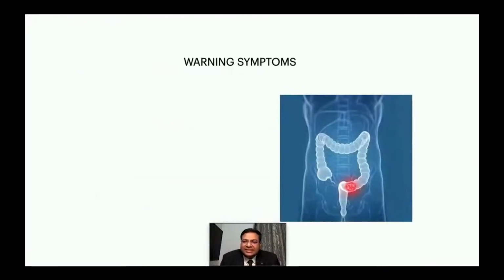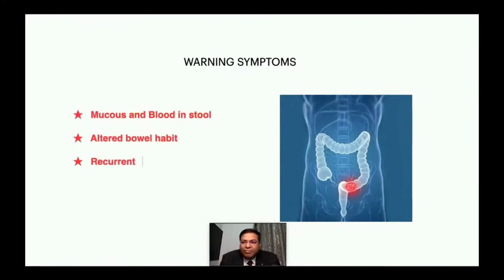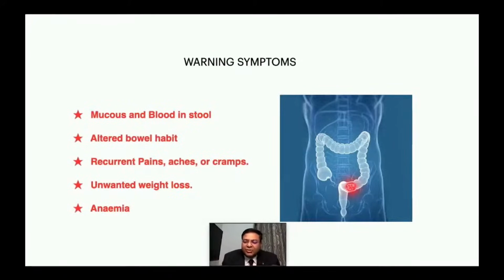Now, before reaching that stage, cancer will always give some warning sign. There won't be some drastic sign. That is the problem with cancer. So we get minor warning signs, and we have to know what these warning signs are. If there is anything like a mucus discharge or blood in stool, or altered bowel habit, which means that you had a certain pattern of bowel habit, and suddenly you start to see that you are passing multiple motions, it's not coming clear.